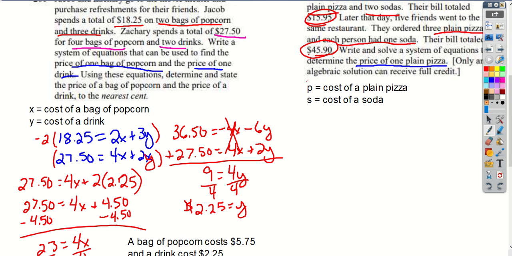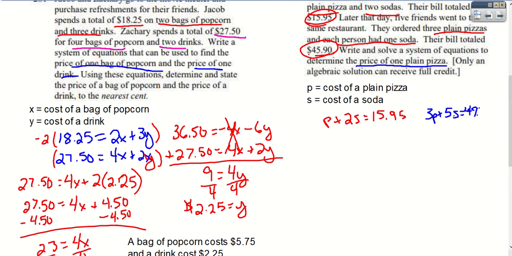So we know that one pizza, a P, plus 2 sodas was equal to $15.95. And the other equation we had was that 3 pizzas plus 5 sodas, because it's 5 people, was equal to $45.90.